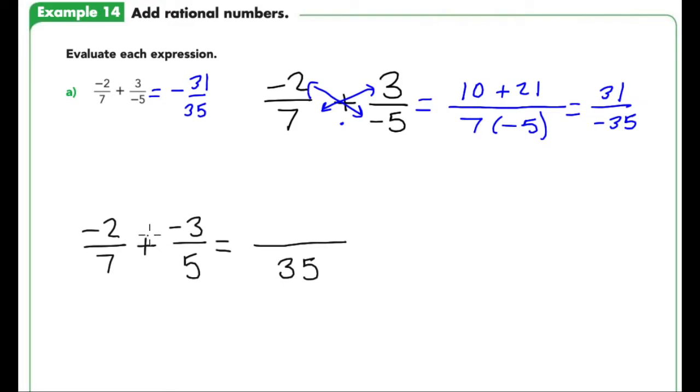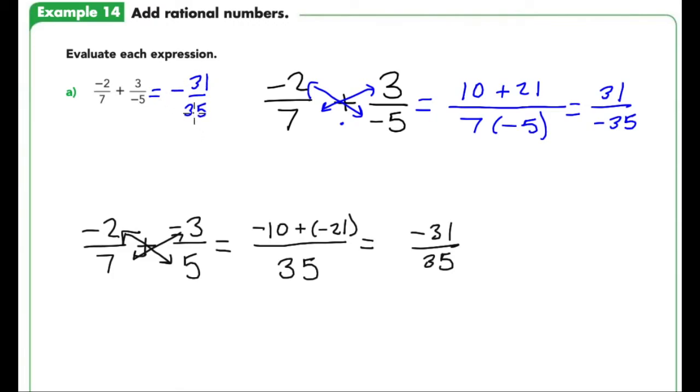If I multiply diagonally, -2 times 5 gives us -10. Our symbol is addition, so that's plus. And then -3 times 7 gives us -21. When we add across the top, we end up with -31 over 35, which is the same as -31/35.